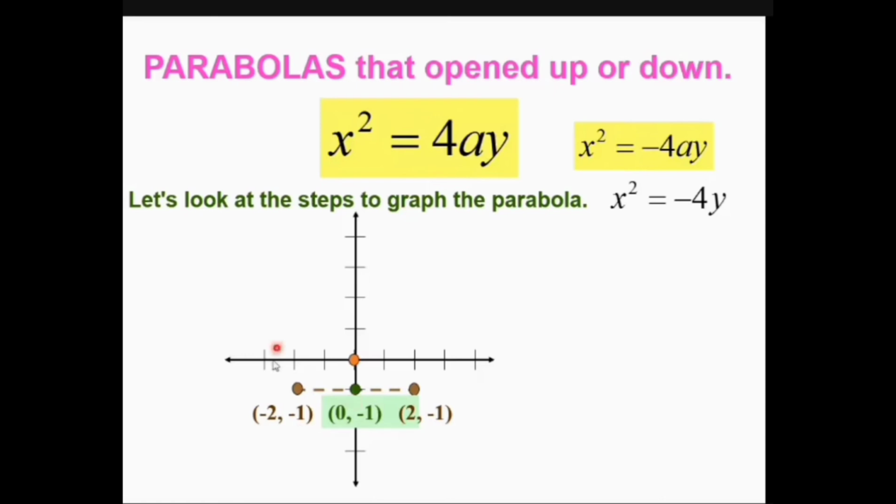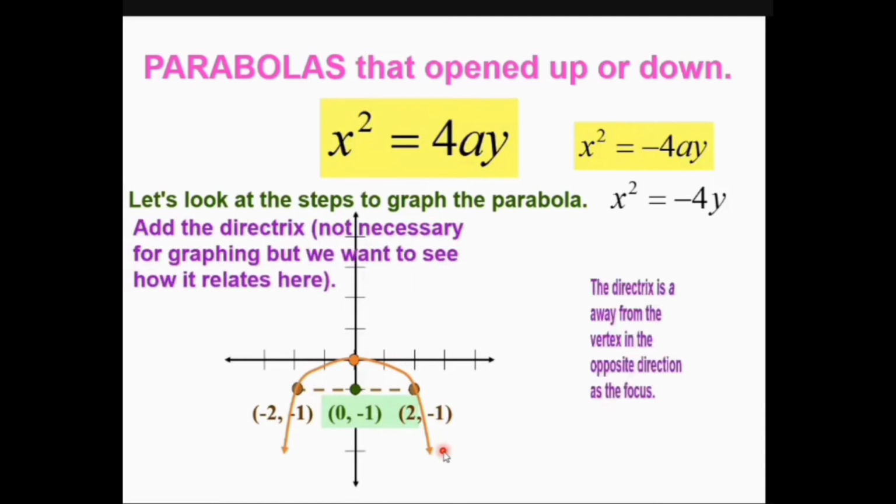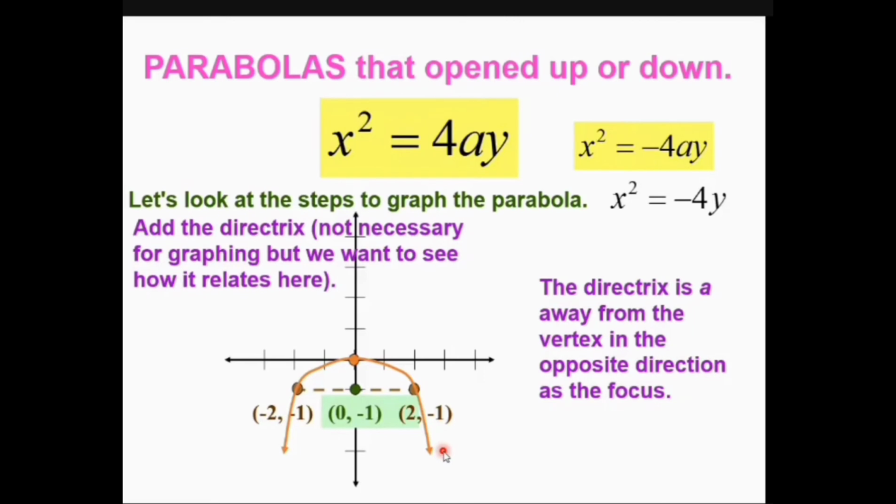Okay, so from here, we can now trace the curve of the parabola. Ayan po. And add the directrix. The directrix is A away from the vertex in the opposite direction as the focus.